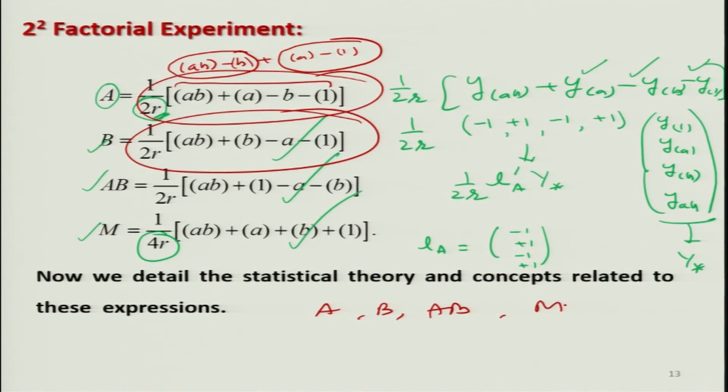M is different because it has all 4 positive signs. But in A, B and AB, we have 2 positive and 2 negative signs. And if you see all the values written inside the bracket for 1, A, B, AB, don't you think that they are trying to create a contrast? Because they are linear parametric functions.